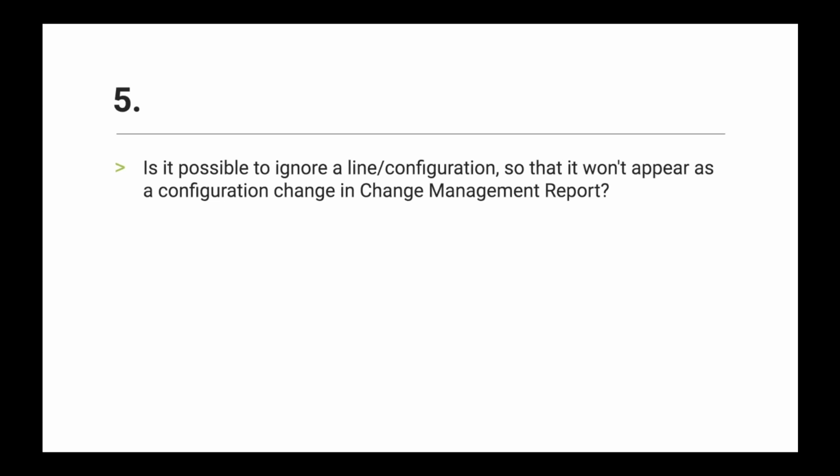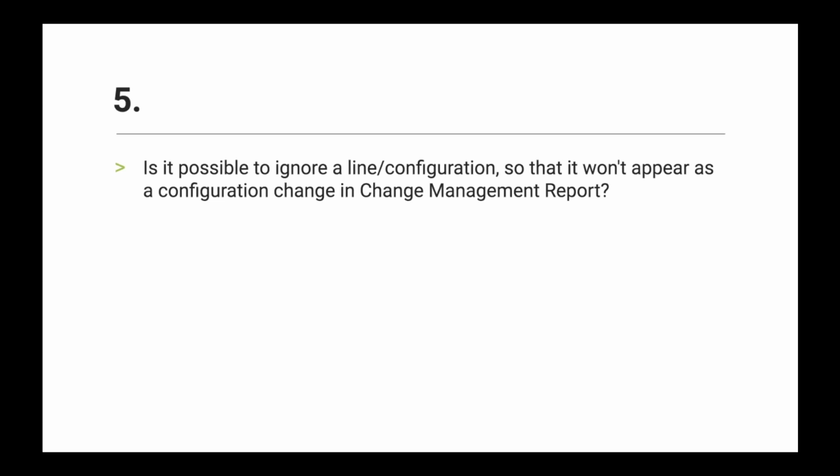A crypto secret key keeps changing on every login or every certain number of seconds. So whenever we do a configuration fetch, this line will always show as a change in the configuration, which is actually not a change.